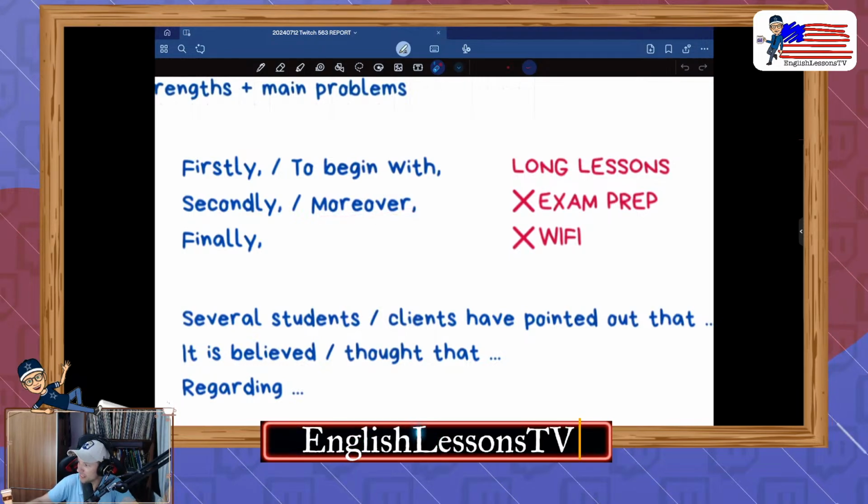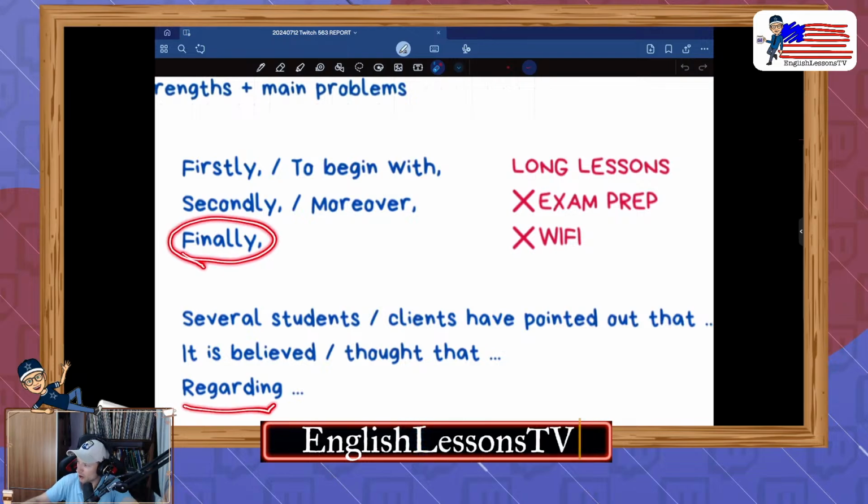Moreover, it is thought that exam preparation should be an important focus, because students need to obtain certificates, and this school is not preparing them for that.